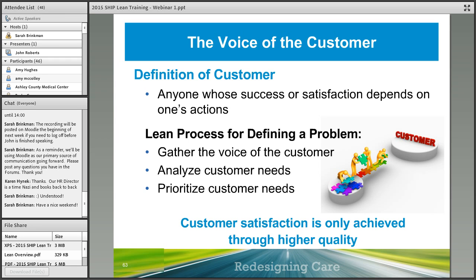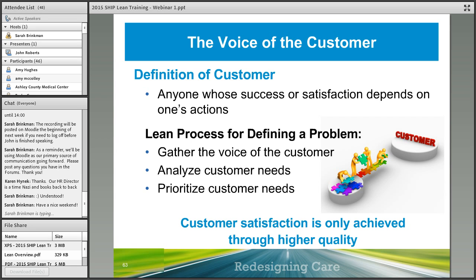So that's the 8 different kinds of waste, and we'll talk a little bit more about the waste walk you're going to do over the next couple of weeks in just a second. But I want to get to the last subject for our discussion on today's webinar, and that is really looking at one of the main principles of lean and lean thinking, and that is looking at the voice of our customer and looking at how we gather and understand what's valuable to our patients and doing that on a more proactive basis.